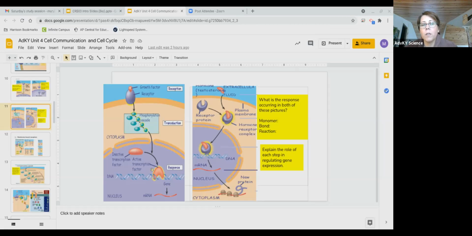So if you are still thinking, I would encourage you, really look at this picture about the response. So what specifically is this cell doing?